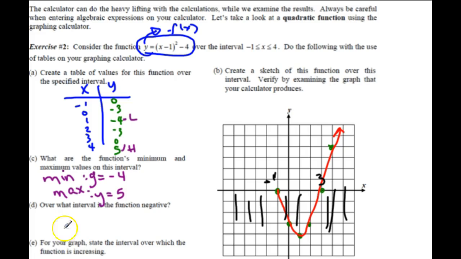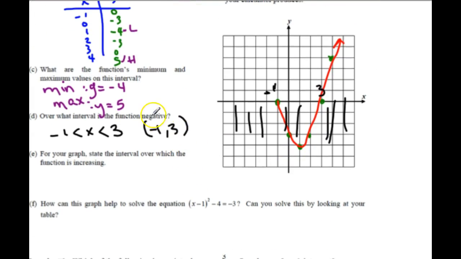It's above. So an interval here would be from -1 less than x less than 3, or you can write it as -1 comma 3. Between those values, the function is negative, because when something is negative, it means it's below the x-axis.